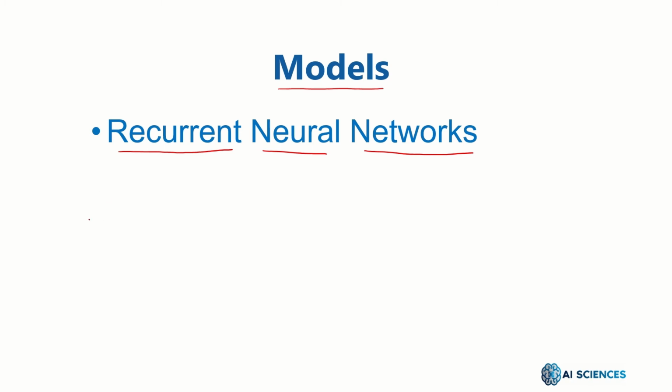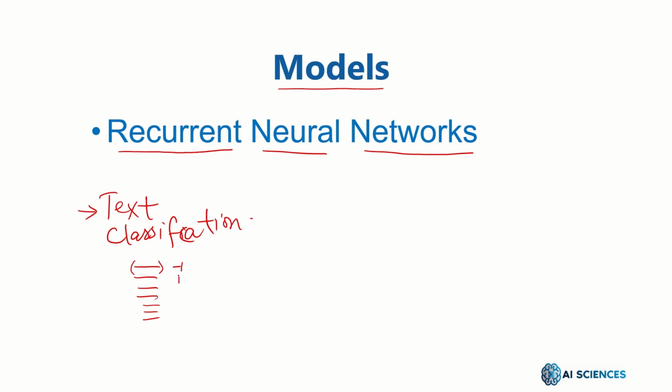So the whole pipeline is, let me take an example of text classification. Given a problem of text classification, you will have a lot of text as training data. Each text, a sentence or a paragraph maybe, has either a positive review or a negative review. So let's say it's a binary classification problem.